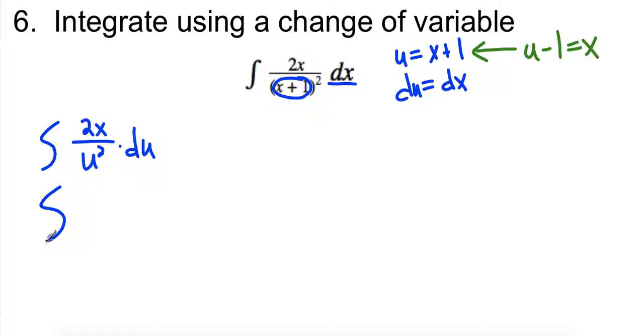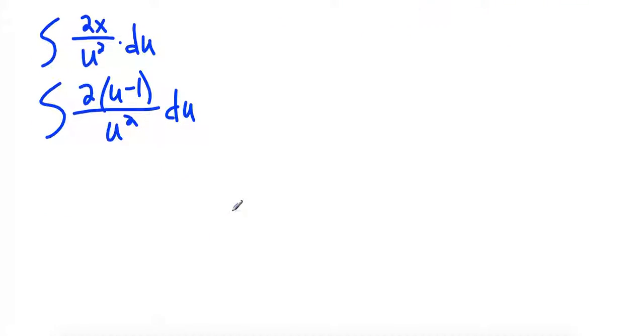So we get 2 times u minus 1 over u squared du. Let's distribute that. So we get 2u minus 2 over u squared.